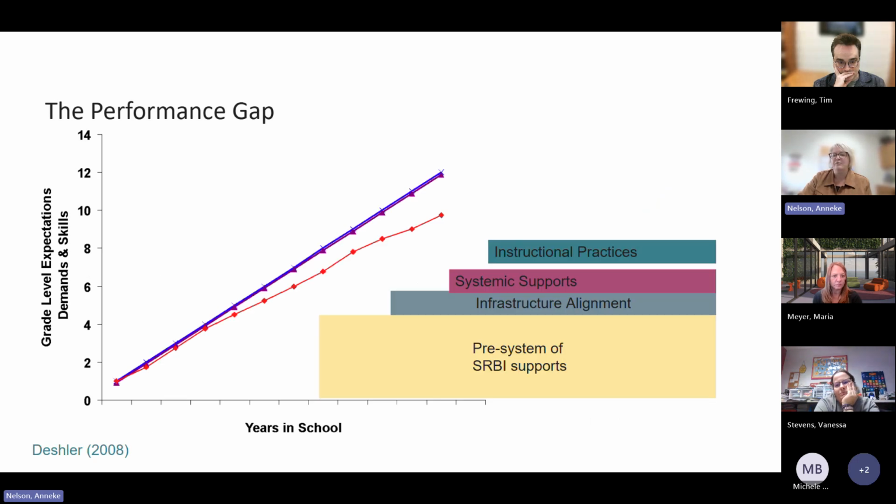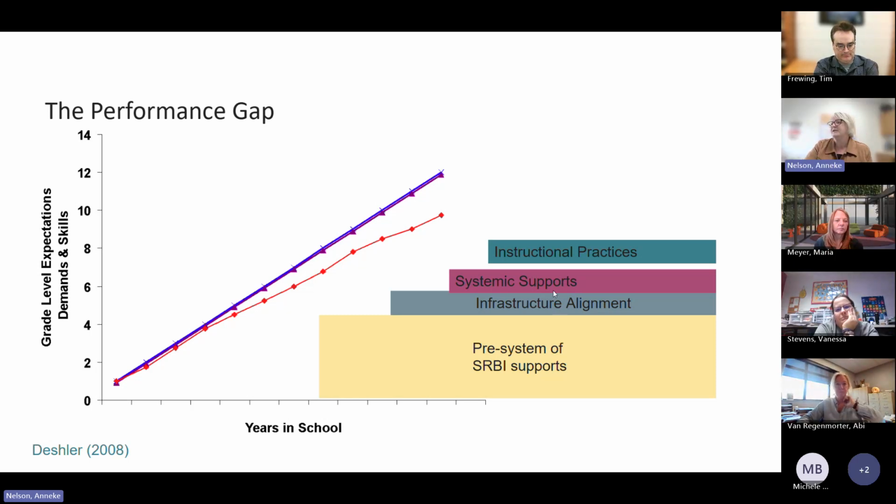But if we really enhance our supports within the school system, providing scientific research-based intervention supports, aligning our infrastructure to support a tiered system, providing systemic supports, and looking at our instructional practices, we see that students who were initially falling below others in their learning close that gap when we provide more support or differentiated support.